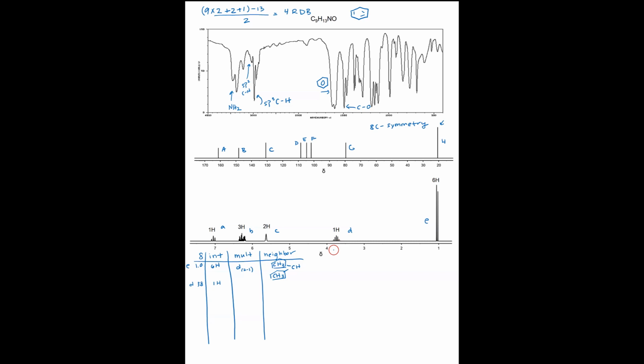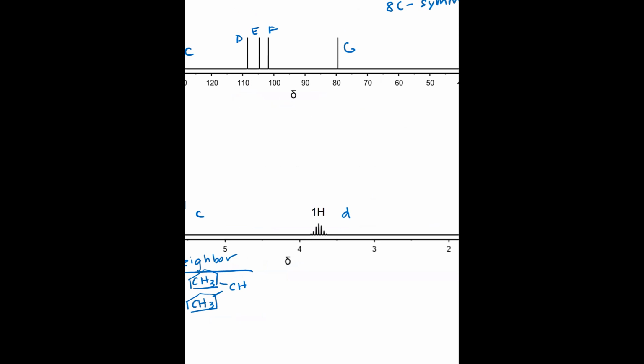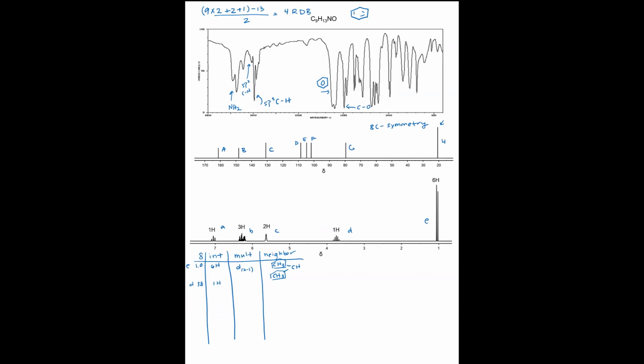So the proton shift is high, which means it's probably next to something electronegative. If I zoom in here, I have 1, 2, 3, 4, 5, 6, 7 peaks. 7 peaks, that's a septet. So that's 7 minus 1, or 6. I have a CH next to 2 CH3s. So these two are probably the same fragment.